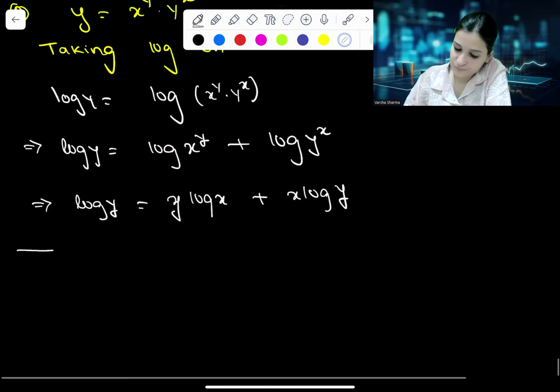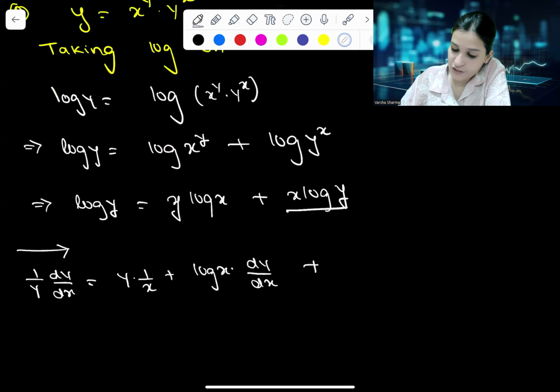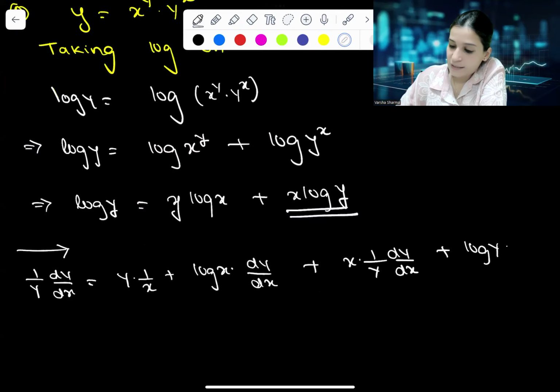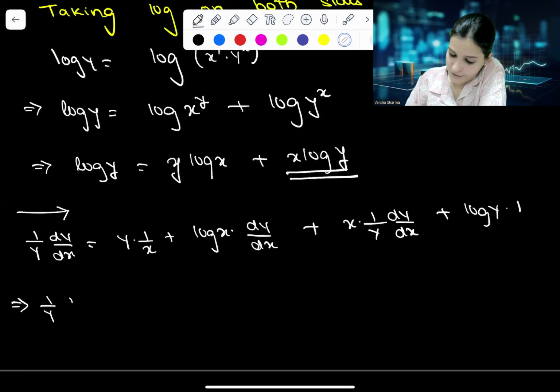Now differentiate. Log y is 1 by y dy by dx. Leaving y, log x becomes 1 by x. Leaving log x, y becomes dy by dx. Differentiating this term, leave x, log y becomes 1 by y dy by dx, plus leave log y, x becomes 1. So 1 by y dy by dx equals y by x.